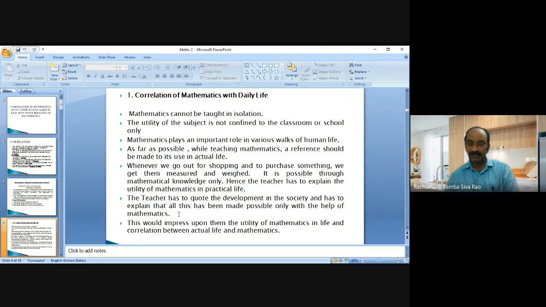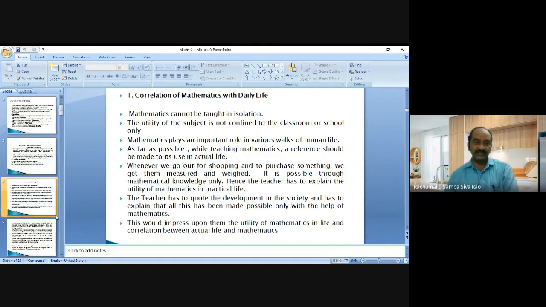It is the responsibility of a mathematics teacher to explain to the student that the development of the society is because of mathematics only. This would impress upon the students the utility of mathematics in life and the correlation between actual life and mathematics.